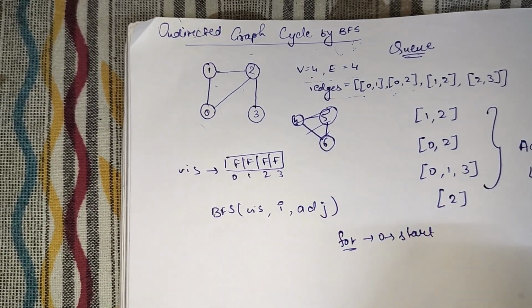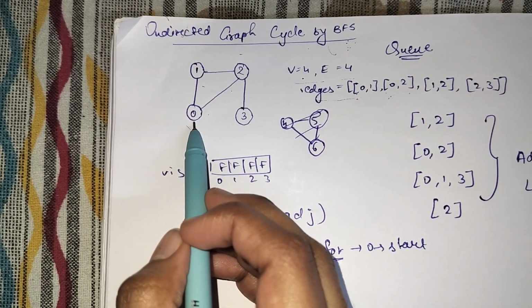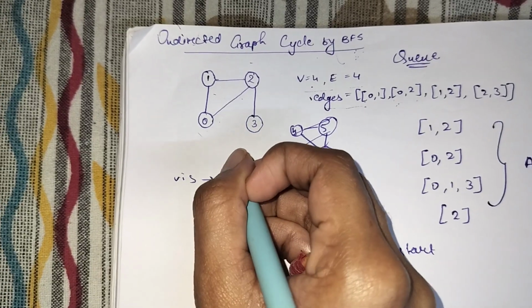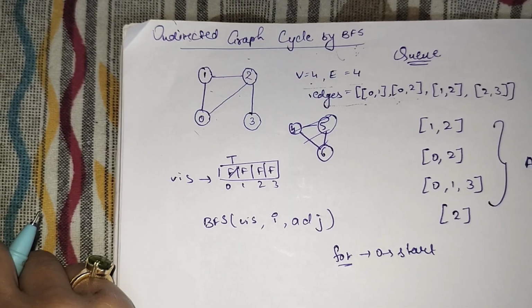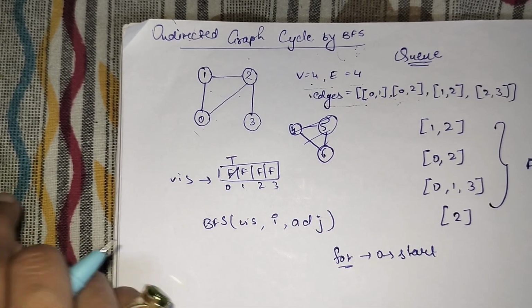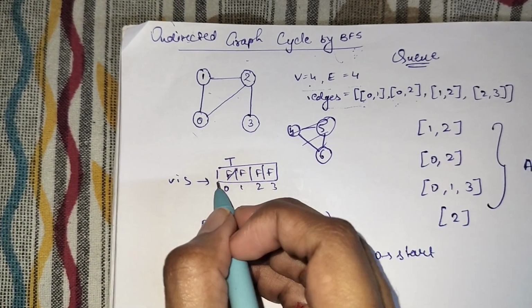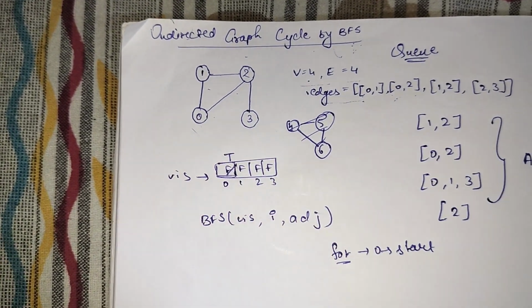So I started traversing 0, I will make it true. Now I'm going to make one more array named parent, since it is an undirected graph, to make sure whether a node connected to another node is its parent or not. It will be clear within a few minutes.